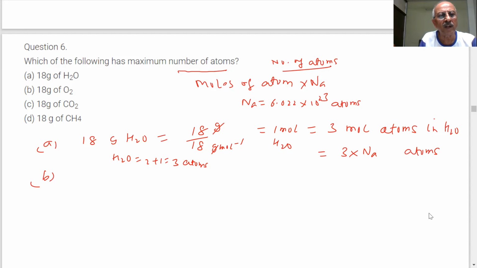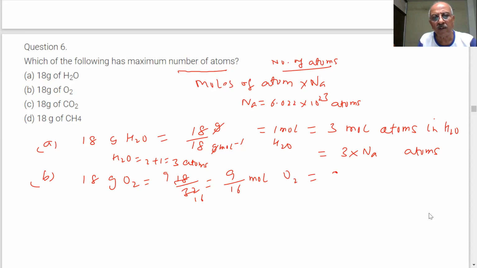Let me see what is B. 18 gram O2. How much will that be? 18 by 32. So what will that be? 9 by 16 mole of O2, which will mean 2 into 9 by 16 mole atoms.